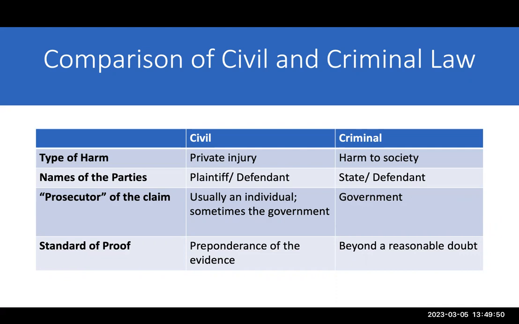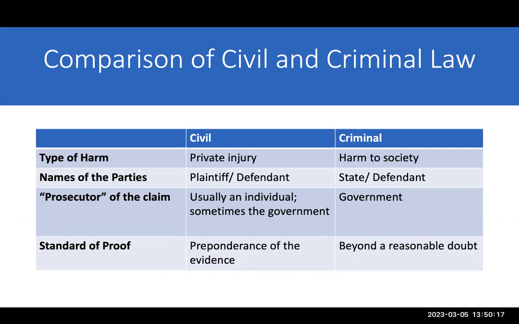In civil proceedings, the names of the parties are the plaintiff and the defendant, whereas in criminal proceedings, it's the state against the defendant. The party that brings the action is different in civil and criminal proceedings. In civil proceedings, it's usually an individual, although sometimes it can be the government suing civilly, whereas criminal matters are always filed by the government.